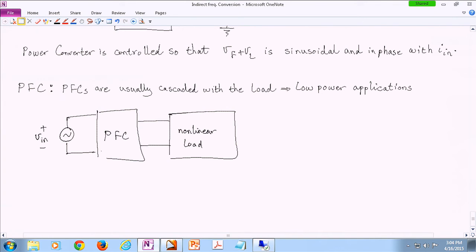So by putting this guy over here, you're hoping that your input current is, ideally, sinusoidal and in phase with Vn.